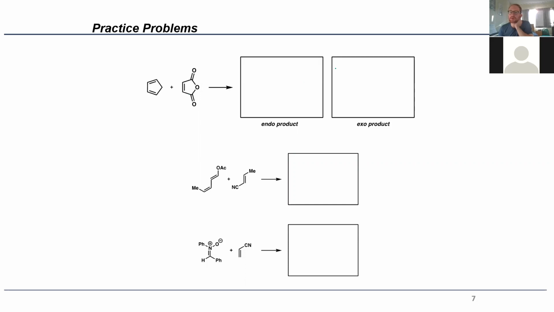That would lead to the endo and exo product, and then we'll talk about which one's more favorable. And so the way I'm always going to do this is I'm going to draw the transition states, or at least the approaches.